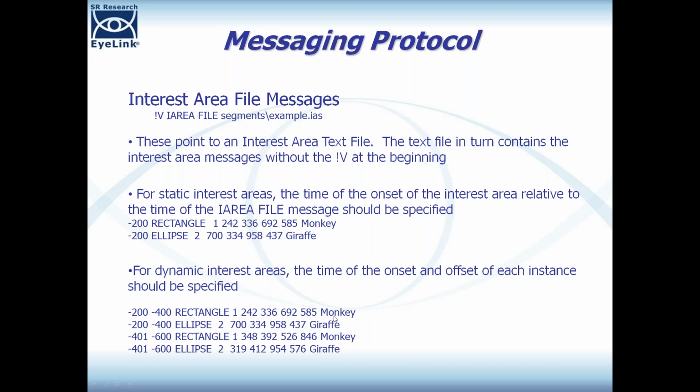These are two instances of the same interest area, but this is a dynamic interest area, so it's moving over time. From 200 milliseconds to 400 milliseconds, it is at this coordinate list. This is the position of it for that period of time. Then later from 401 to 600 milliseconds, it's at this different location. That's the way you can make these interest areas move over time.